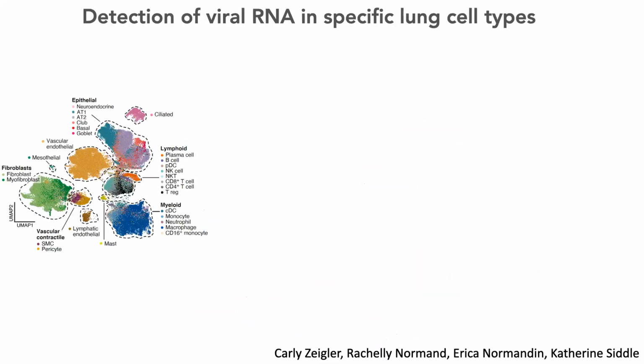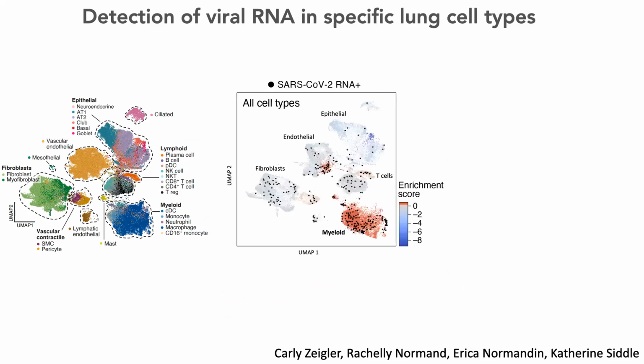Very excitingly, we were able to capture viral RNA in our data. On the left here, again, I'm just showing you our annotated COVID-19 cell atlas for reference. But next we wanted to see which of these cell types tended to be infected in the lung. What we found was that most cell types contained some level of virus, but myeloid cells were significantly enriched for viral RNA.